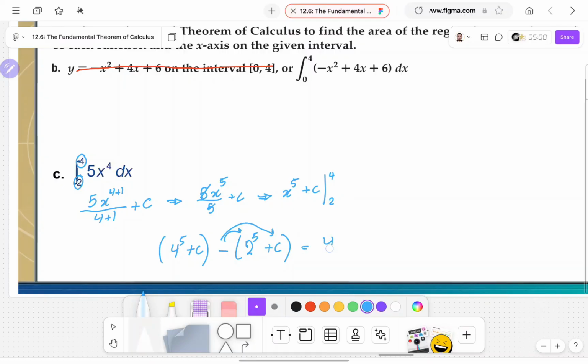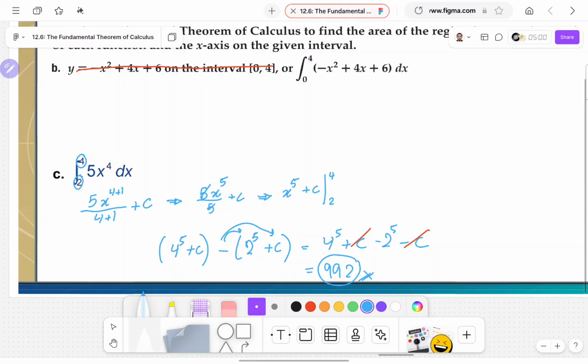So the answer will be 4 to the power of 5 plus c minus 2 to the power of 5 minus c. Okay? So now cancel the c with the c. So it remains for you 4 to the power of 5, which is equal to 1024, minus 32. So the answer is equal to 992. This is the final answer.